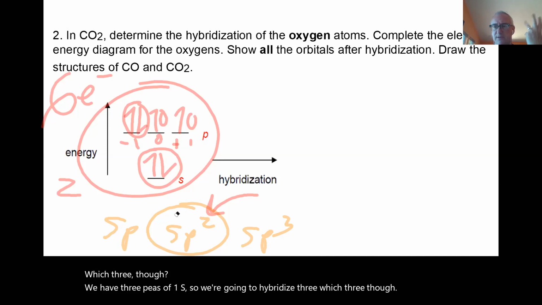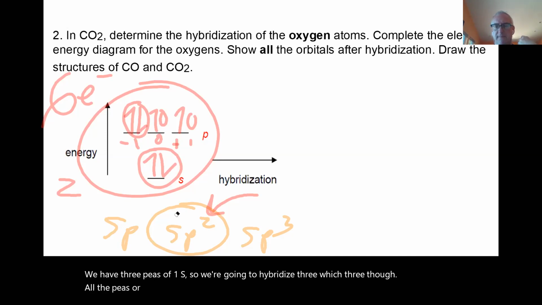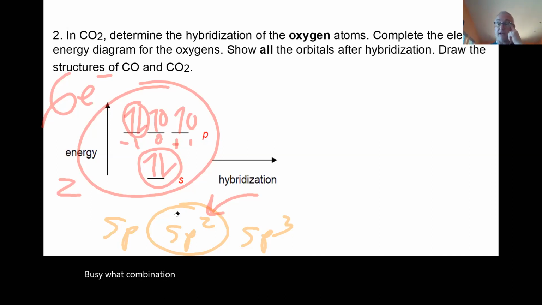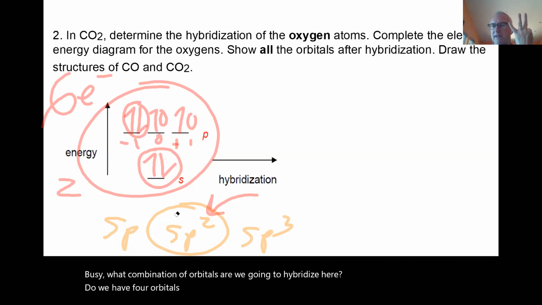Basically, what combination of orbitals are we going to hybridize here? We have 4 orbitals total: 1 s and 3 p's.